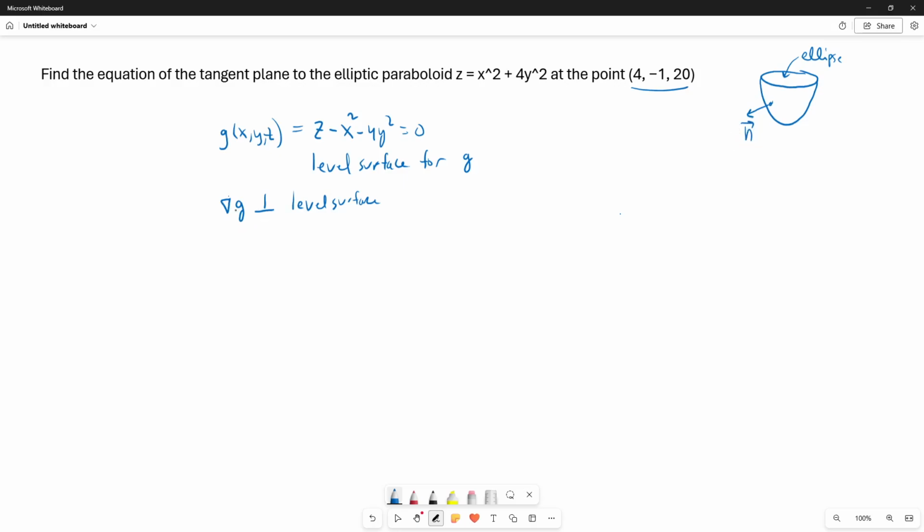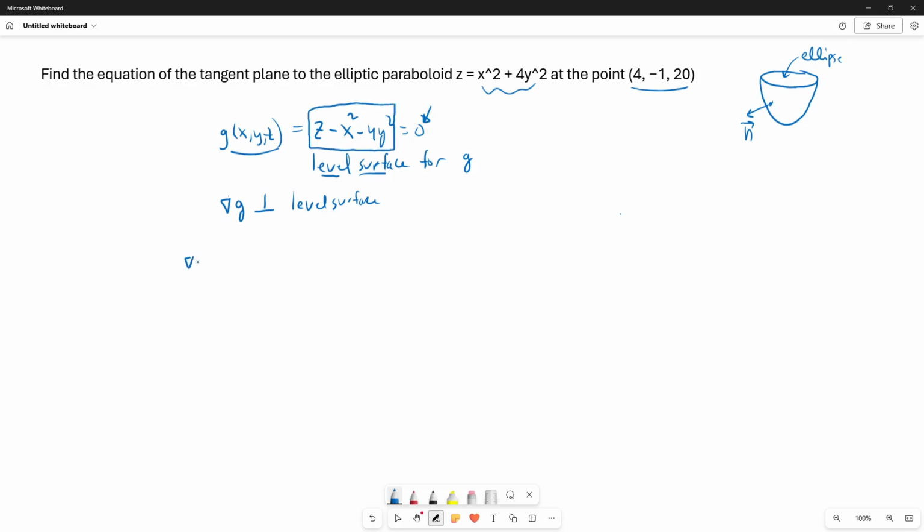It's going to be the gradient of this function g, not the gradient of the original one, but after we bring everything to one side so that we get a constant on the right side, then we can think of this equation as a level surface for this function.